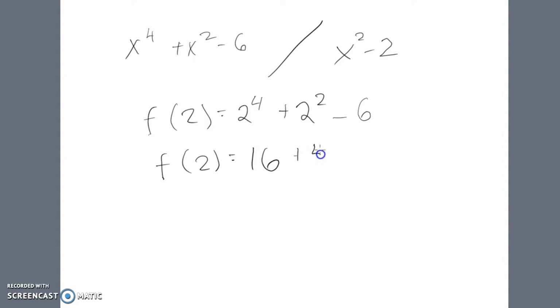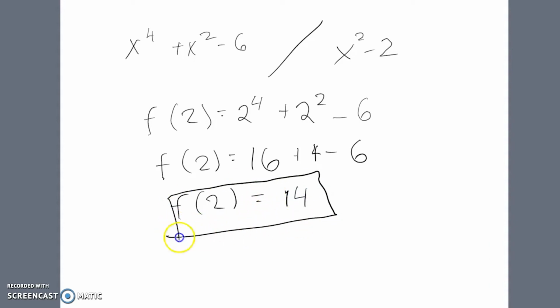So that'll be 16 plus 4 minus 6. The remainder will be 14.